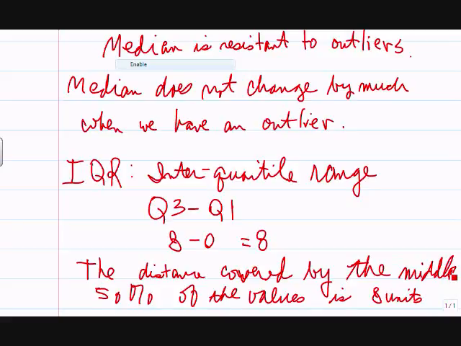Okay, so the Q1 to Q3 is telling me where the middle 50% of my values are. It is the box in the box plot. My Q1 to Q3. The length of that box in my box plot is the IQR. Okay.